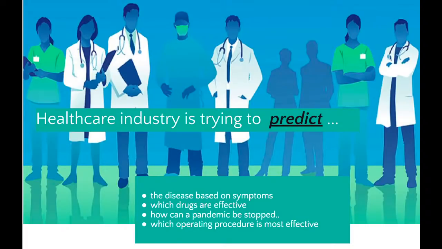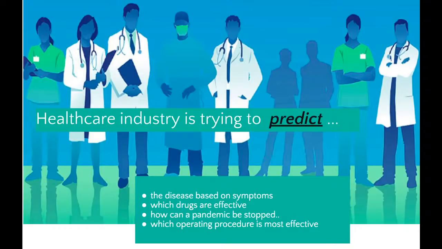Similarly, the healthcare industry is trying to predict something. It's trying to predict what kind of disease a patient has based on the symptoms, what drugs are more effective for a particular disease, how a pandemic can be stopped or slowed down, and which operating procedure is more effective. But the common theme in everything is predict.